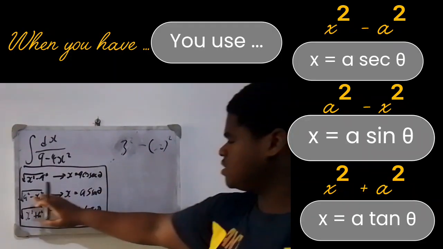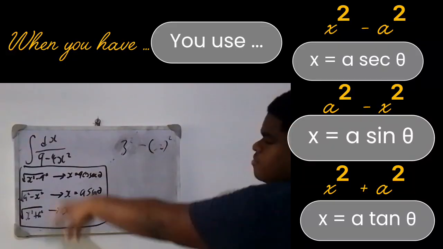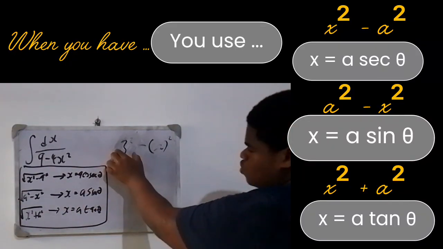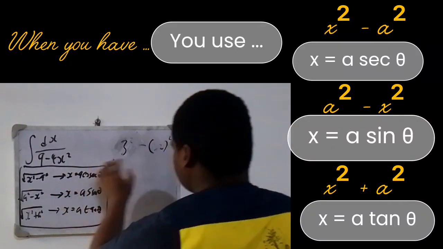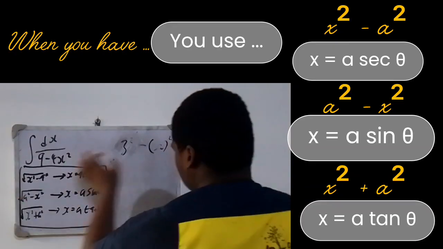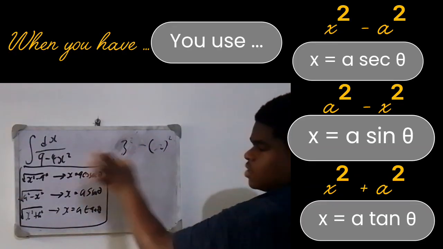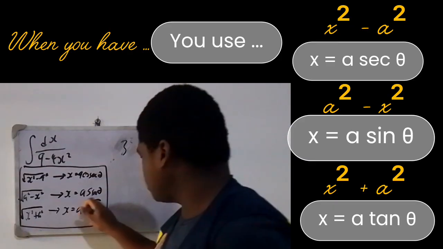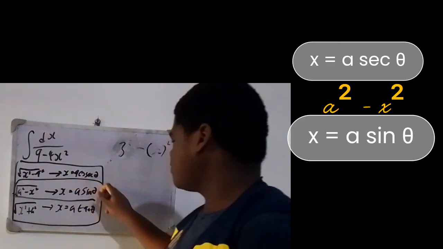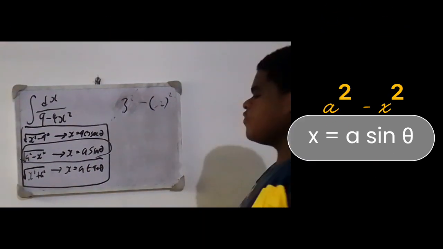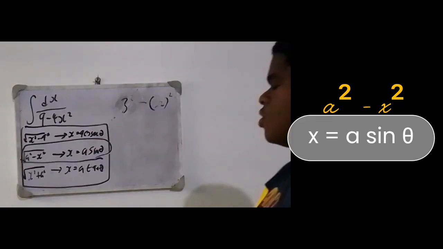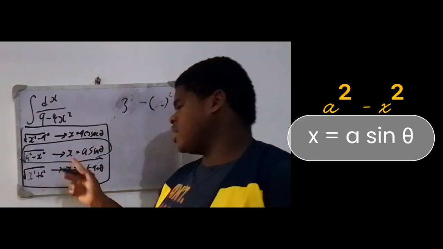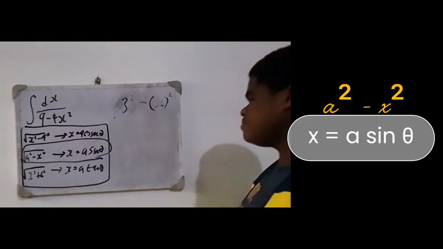Now let's compare this to our formula sheet here. We have a constant squared, we have negative, and we have something with the value of x squared. So all in all, this is the one we are going to use: the square root of a squared minus x squared, which we translate using x equals a sin theta.